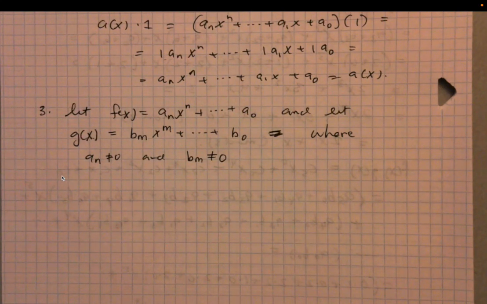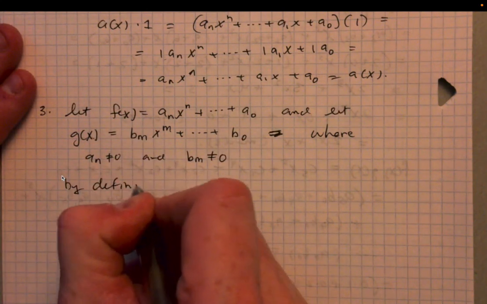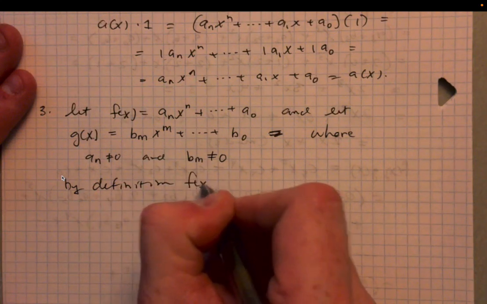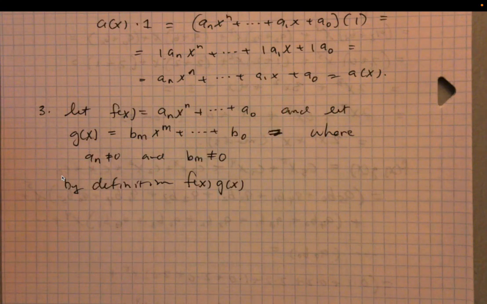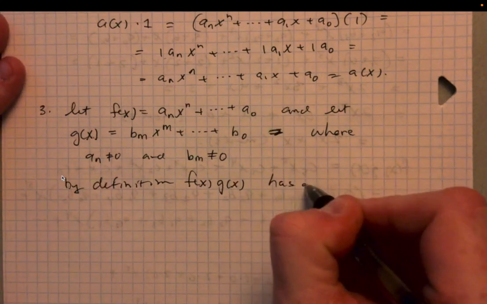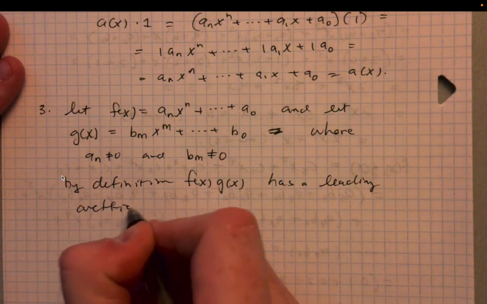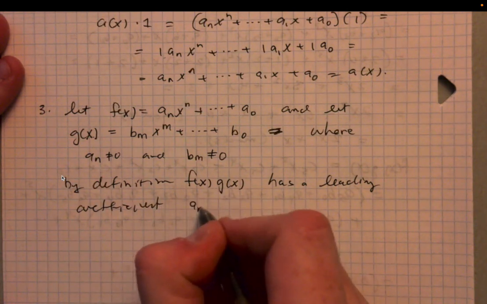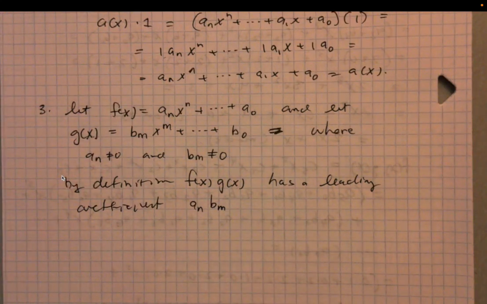And so what's going to happen when I multiply these together? By definition, f of x times g of x has a leading coefficient a sub n, b sub m, right?